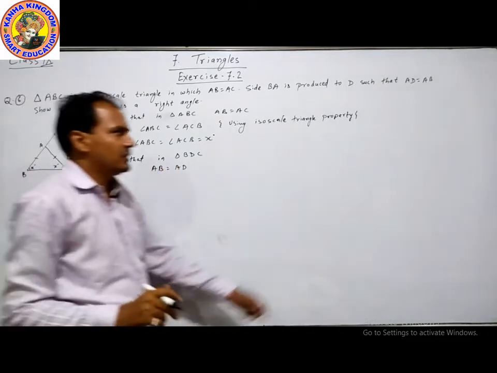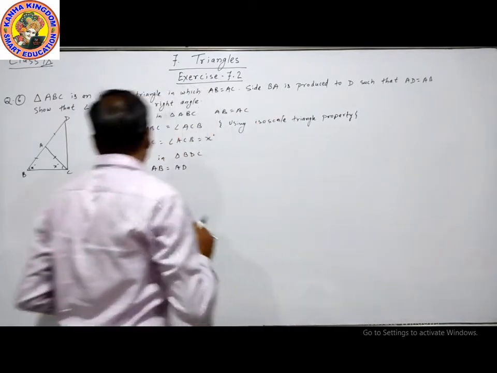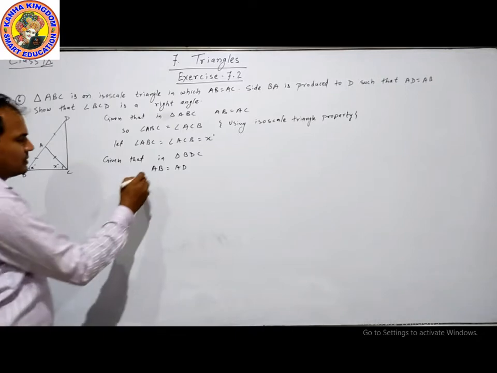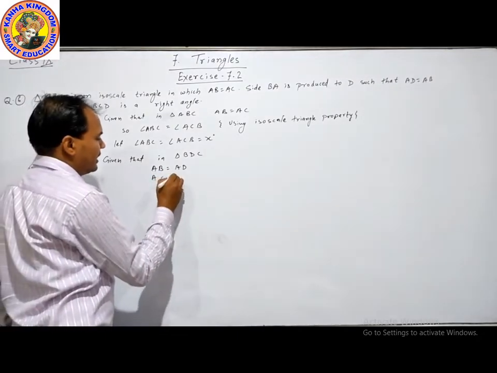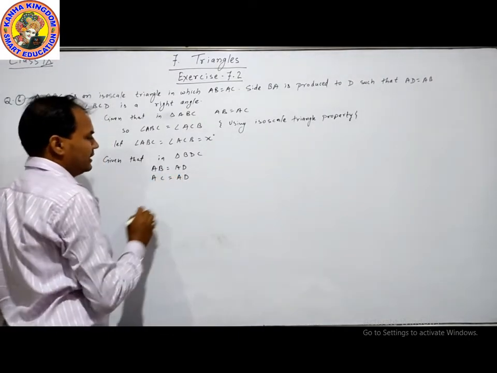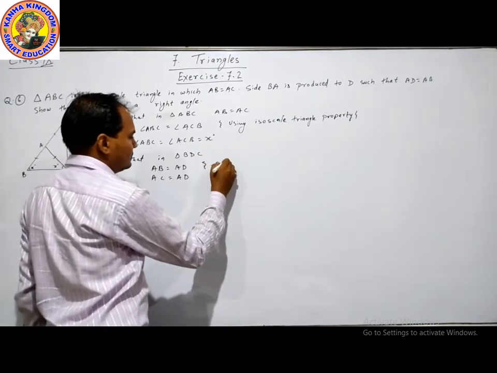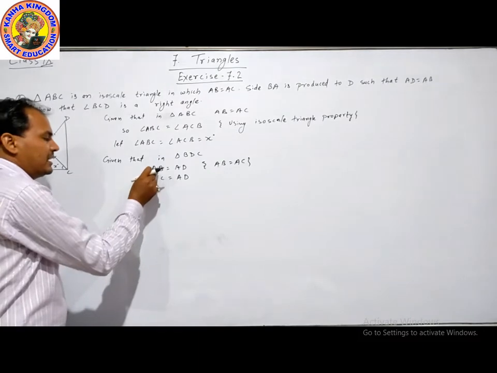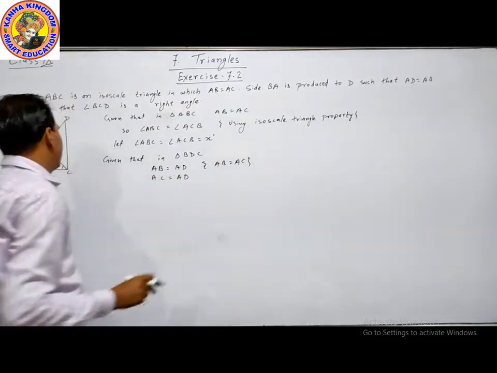In our question, given that AD is equal to AB, these sides are equal, but AB is equal to AC, so we can say that AC is equal to AD. AB is equal to AC, so AB can be replaced by AC, and AC is equal to AD.